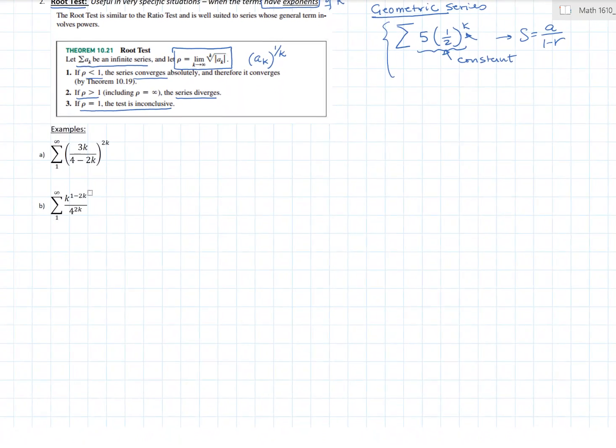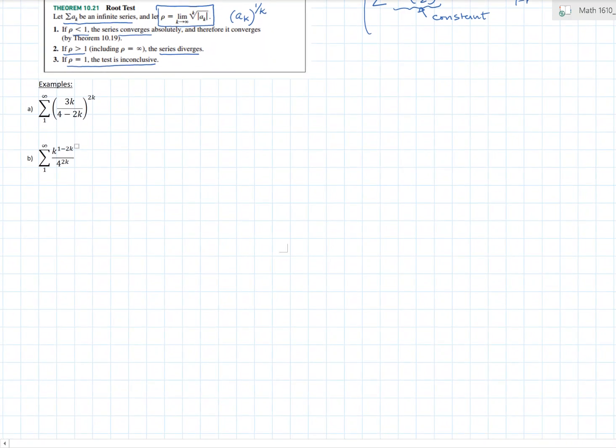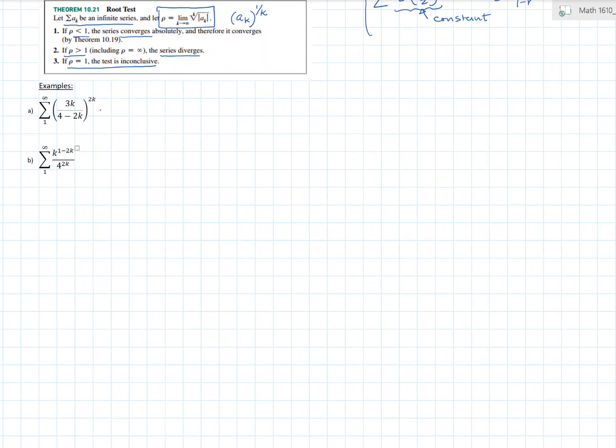Let's look at these two examples. Let's start with the first one. Notice that it has the exponent and the base is not a constant, it has k's in it. So it'll require a little bit of algebra. First thing is, as usual, let's pick up our ak. ak is this complicated looking thing.